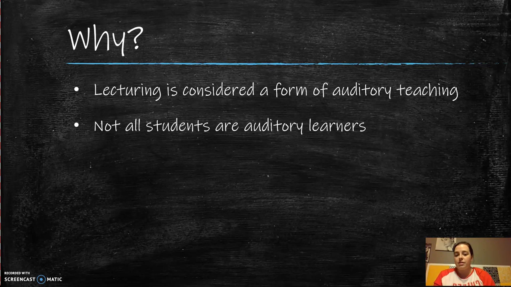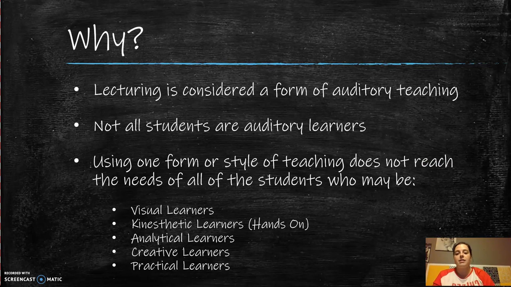Not all students are auditory learners, and using one form or style of teaching does not reach the needs of all the students. Some students may be visual learners, hands-on learners, analytical learners, creative learners, practical learners, all sorts of different learners. So when you're just lecturing to a group of students that need visuals or that need hands-on or whatever, they're not going to gain that knowledge that you're trying to get them to gain.